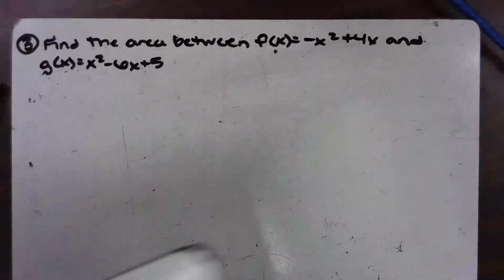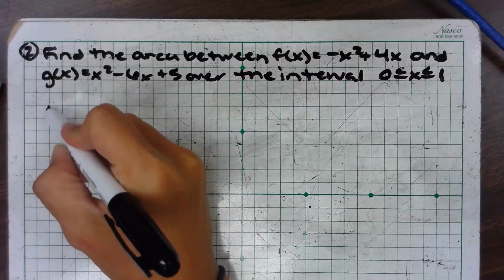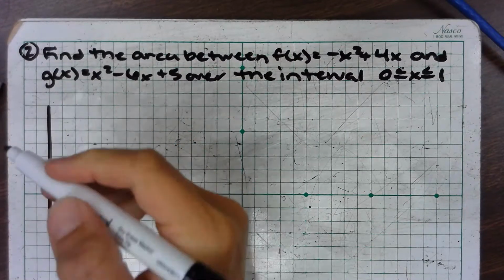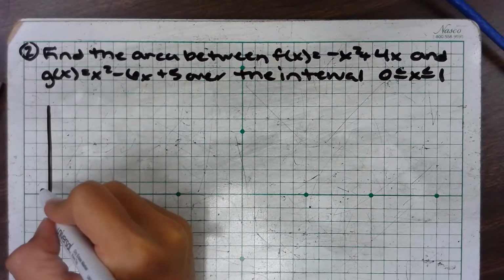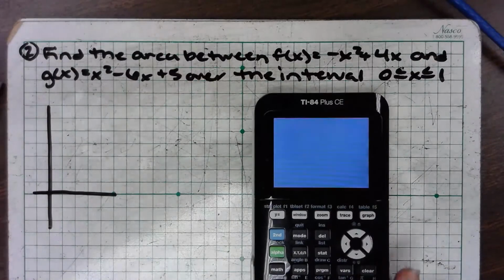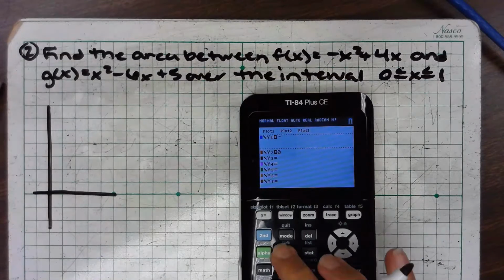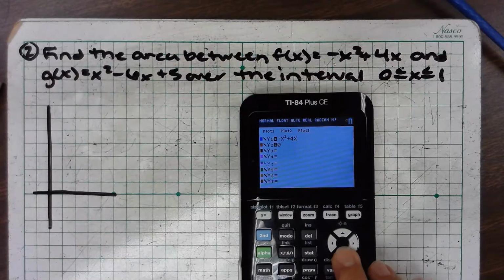Okay, so let's look at number 2 here. Find the area between f of x equals negative x squared plus 4x and this quadratic right here. So let's see, what's going on here? If we do want to look at a graph, and we're doing it from 0 to 1, negative x squared plus 4x, and then x squared minus 6x plus 5.